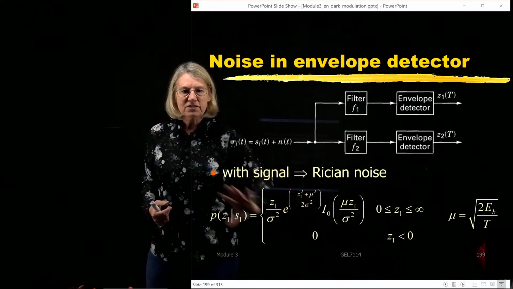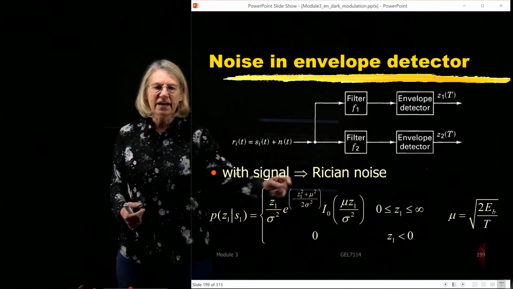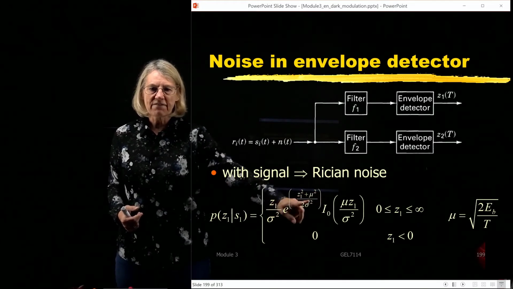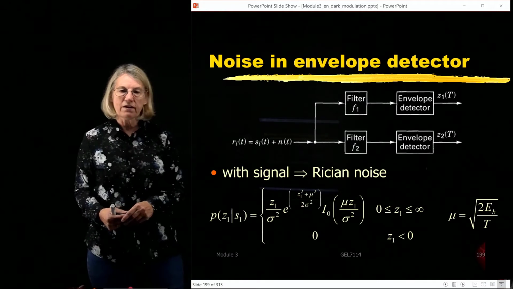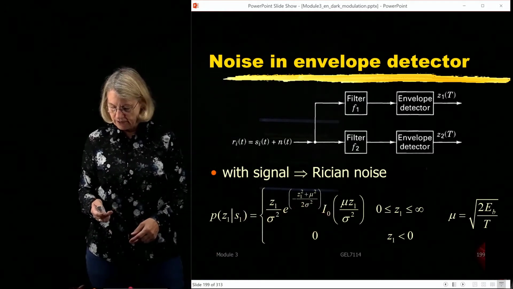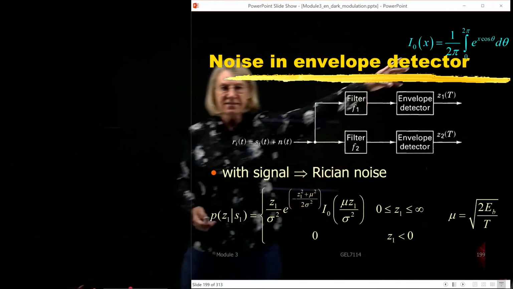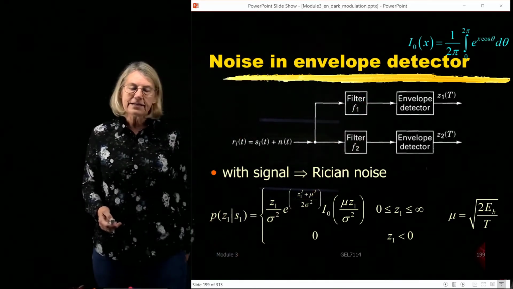So how does it appear in this density function? First of all, it looks kind of like the Rayleigh function, except that I've added in the exponent the plus mu squared, but I'm also multiplying by this Bessel function. And in case you've forgotten, this is the zero order Bessel function defined by an integral.